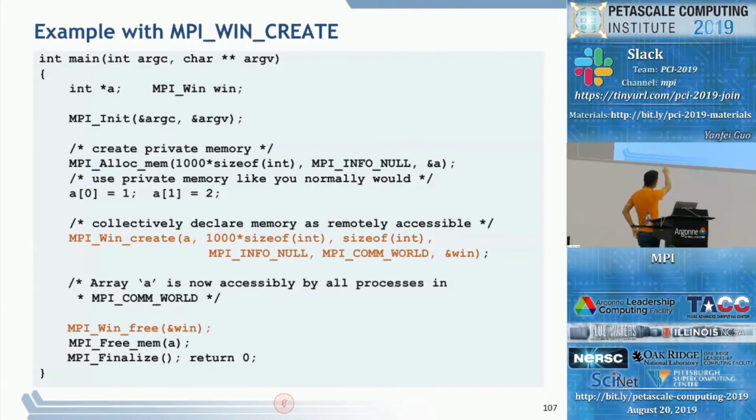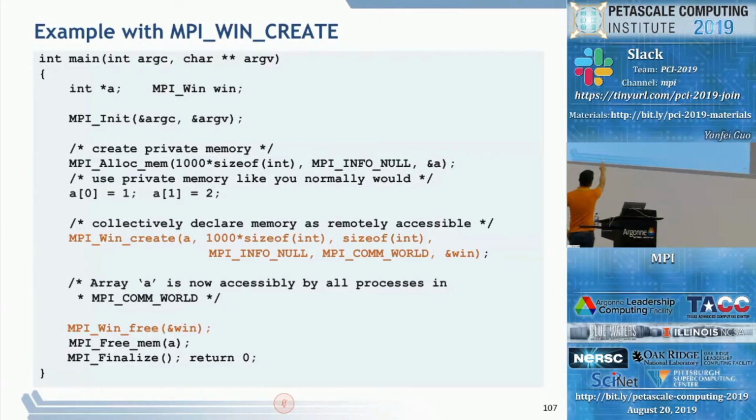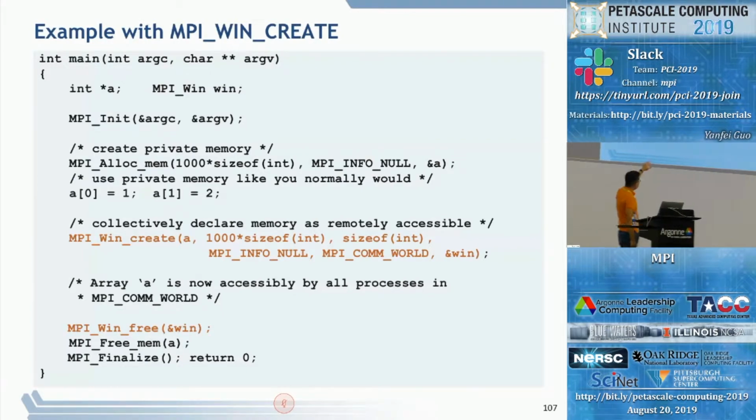So after you allocate the memory buffer, you can just do regular load store, A0 equals 1, something like that. And at some point, you decide, I'm going to expose this memory. And then you do WinCreate with this memory buffer A. And then after that, you can do RMA operation. And then before you exit, you have to free the window, and you also have to free the memory.